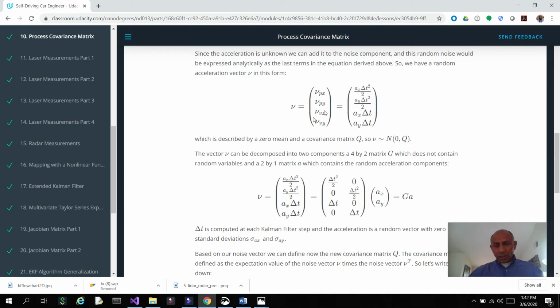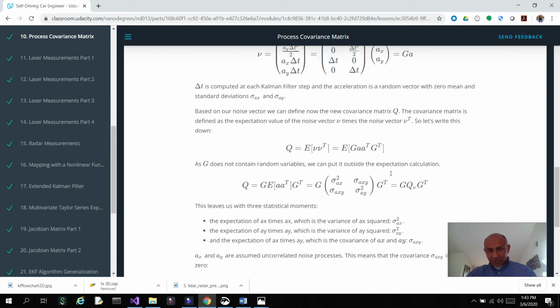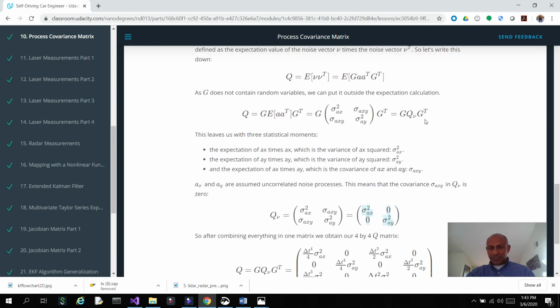The new velocity will be the old velocity plus ax delta t. So we write this nu by taking out ax, ay, and G is this matrix. So our Q is G, this matrix here, Q nu, this matrix here, and G transpose. So that's what the process noise covariance matrix is.